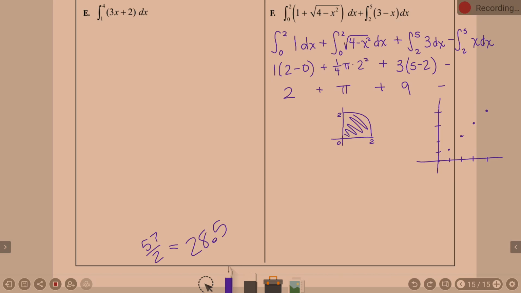I have to go to 5, 5, don't I? We're specifically talking about the piece from 2 to 5, and we're back to trapezoid world, right?